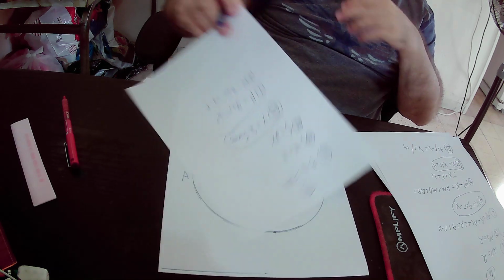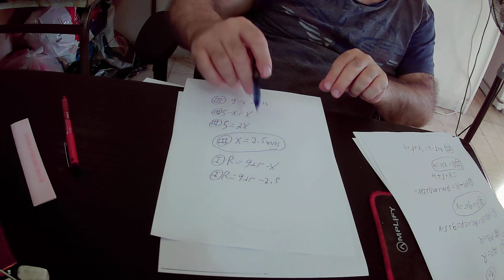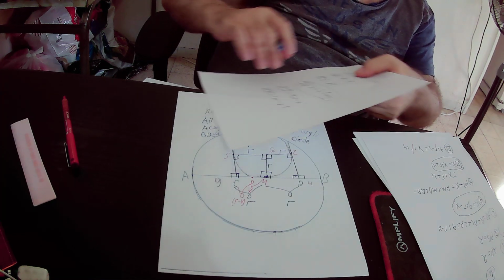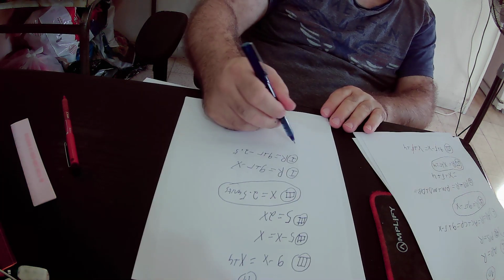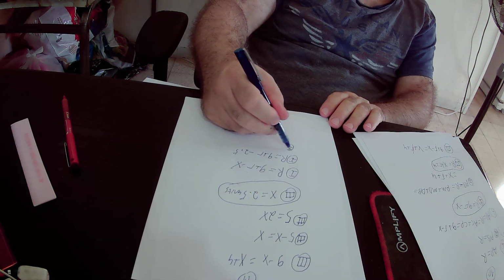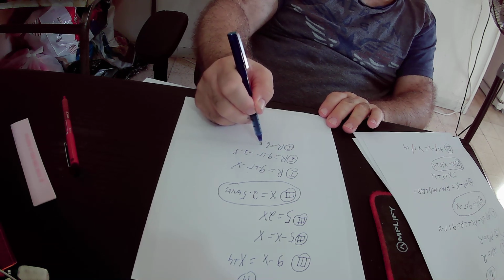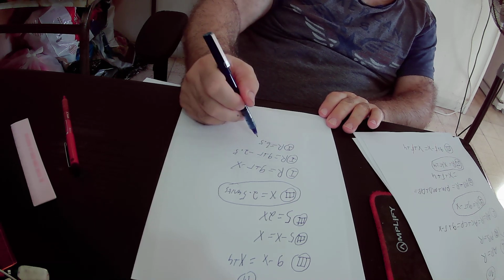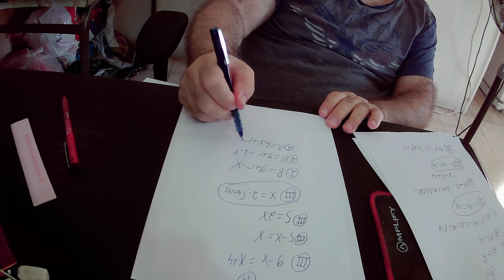Here 9 minus 2.5 is 6.5, so in total we will get that capital R equals 6.5 plus small r.